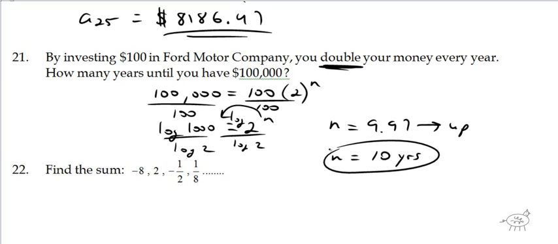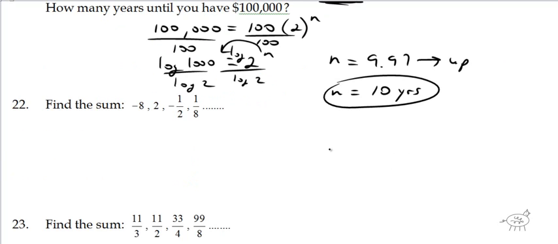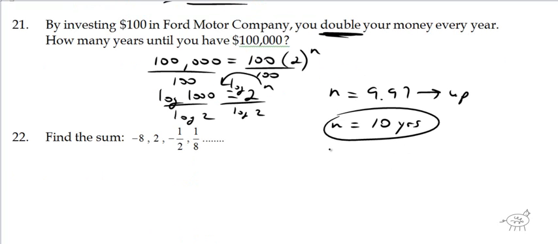Okay, that's how long it'll take you to have $100,000 if you double your money every year. So this number right here, math fans, at 2, if it was triple your money or quadruple your money, that's the number that changes. Okay, or if I'm putting a different amount in, that would be that and that. So just be careful what they're asking for.